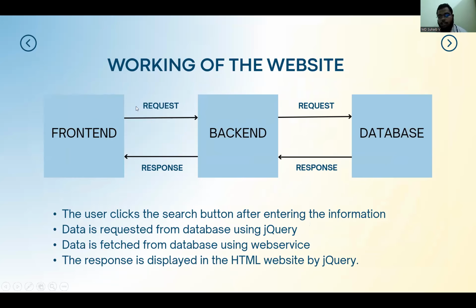In the front end, the user inputs the data in the form, whatever information, the area or the category which he needs. And then the request is sent to the backend using jQuery. Data is fetched from the database using the web service, and then it is responded back to the front end by using jQuery.